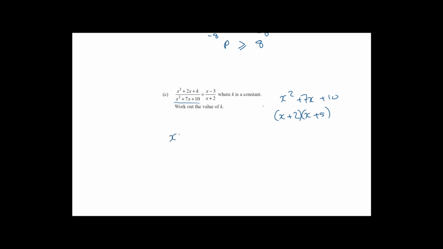Okay, so it's x squared plus 2x plus k over x plus 2, x plus 5. I'm going to put that in brackets. I think you know why. Plus 2. And I'm going to multiply the whole thing by this.